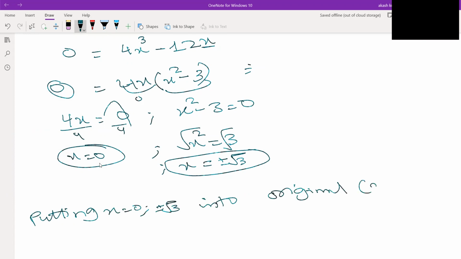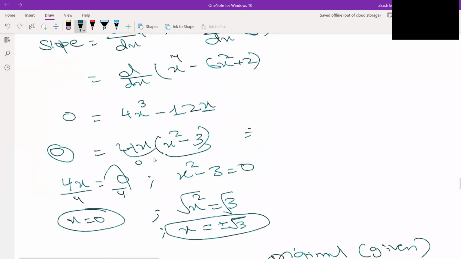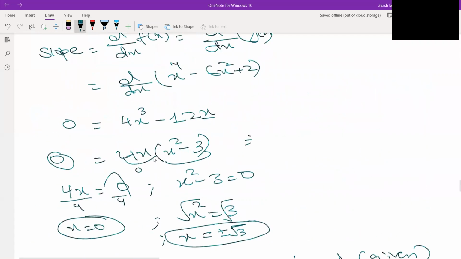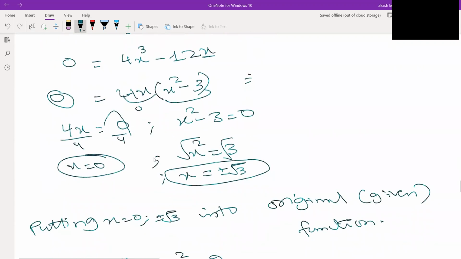Original means the given function is x^4 minus 6x squared plus 2. So, have we made a mistake somewhere?